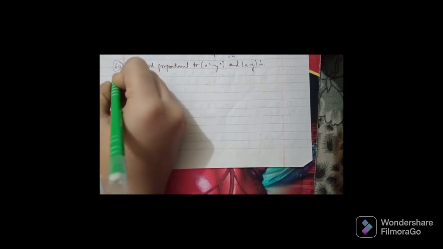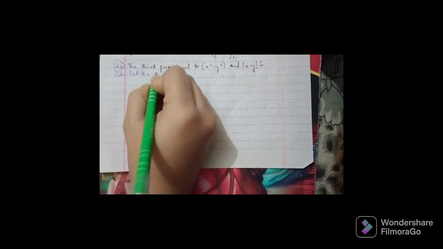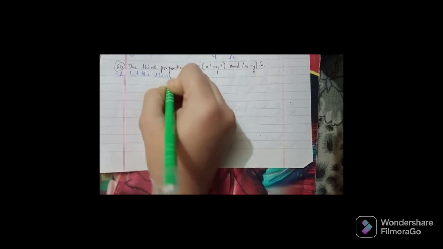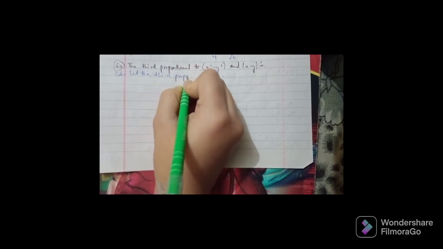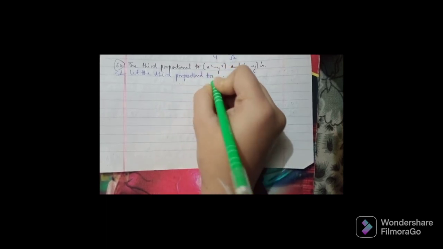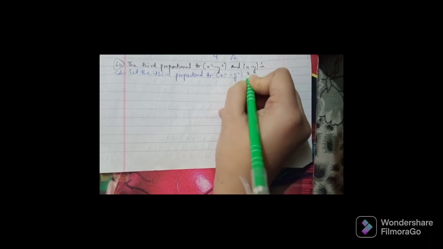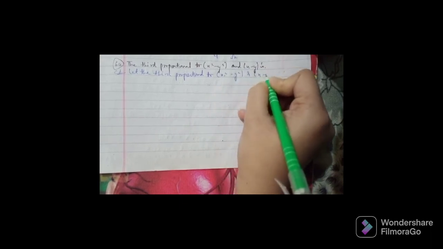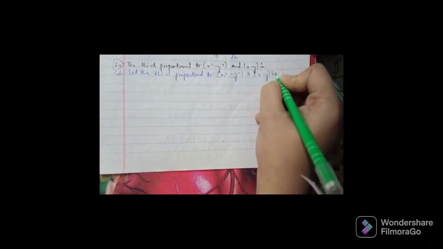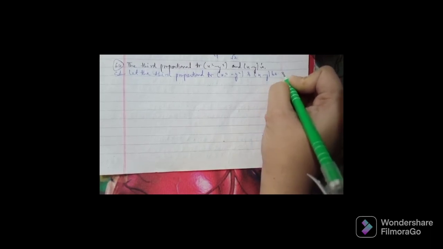We'll further solve this, and let the third proportional to x square minus y square and x minus y be x.